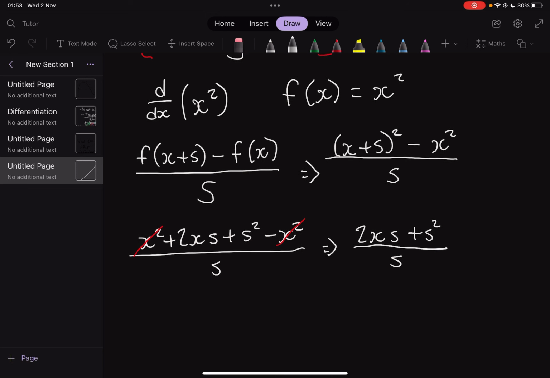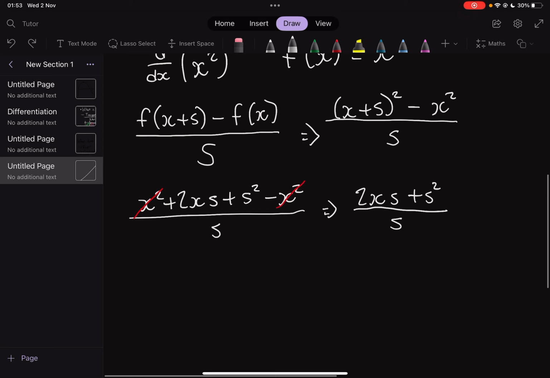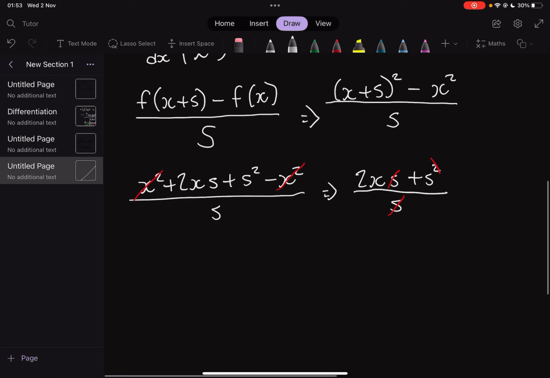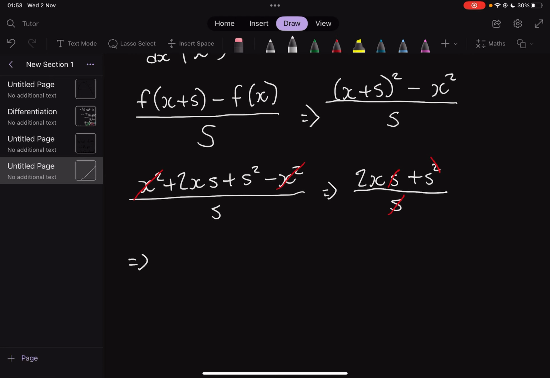And now somehow magically every component has a factor of s. So now this means we can cancel out an s from each thing, which gives us 2x plus s.